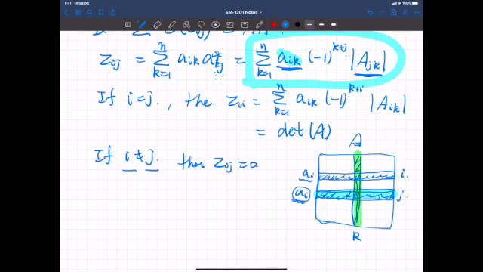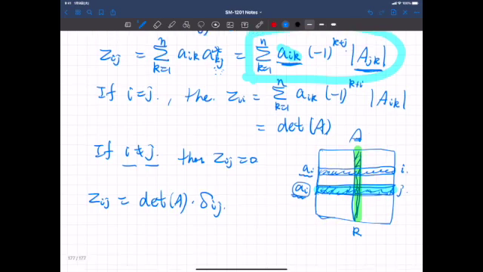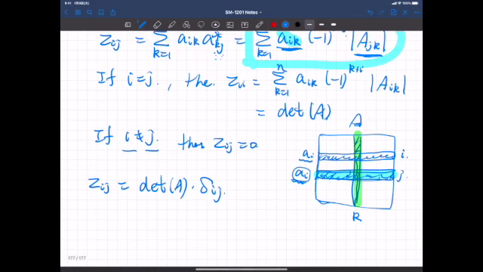So the resulting matrix Z is equal to determinant of A times Kronecker's delta ij. So the diagonal elements are determinant of A and off diagonal elements are 0.